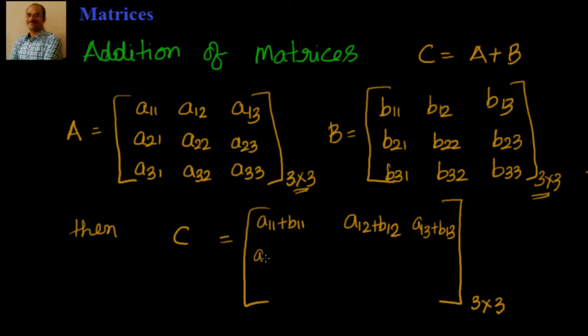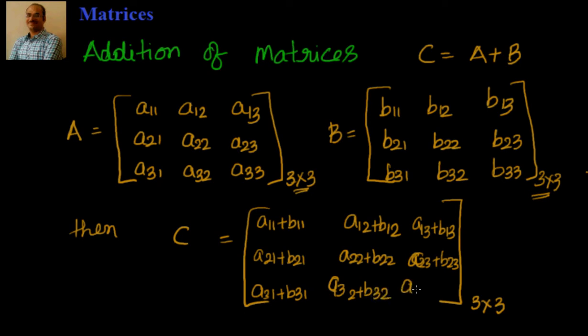Similarly, you will have A21 plus B21, A22 plus B22, A23 plus B23, and at the end you will have A31 plus B31, A32 plus B32, and A33 plus B33.